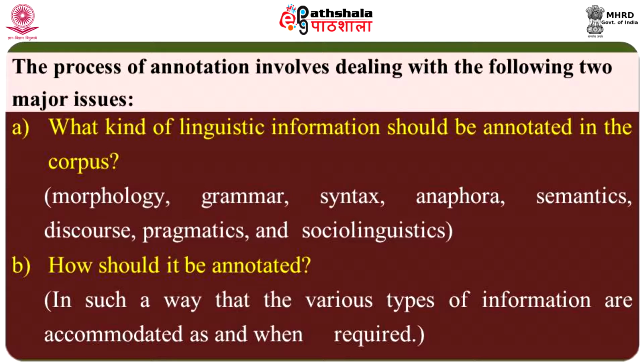The way in which the text should be annotated is such that the various types of information are accommodated as and when required. So it is not a closed set of information that is provided in annotating a text.